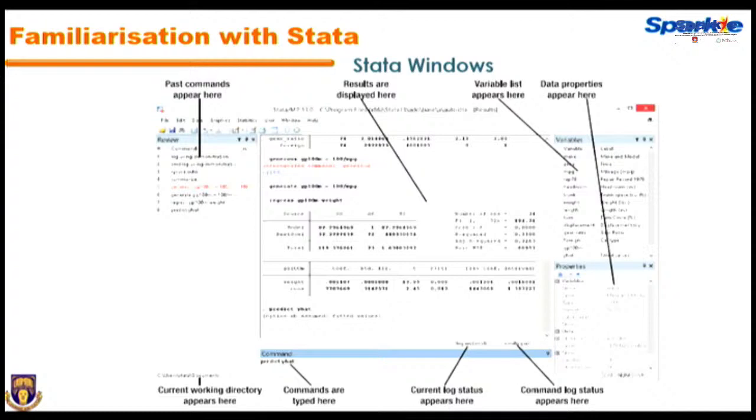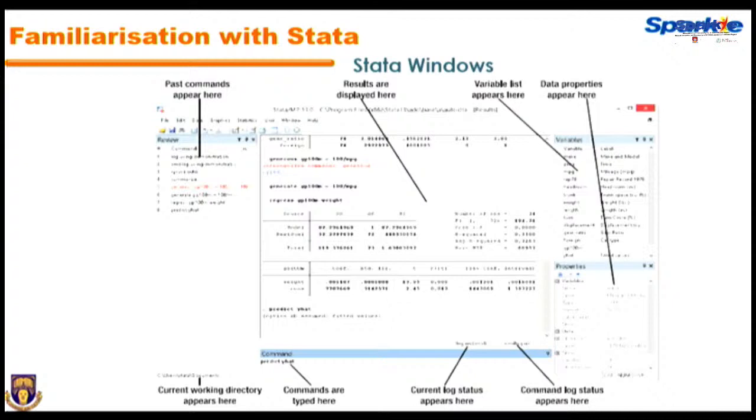That is the results window. Everything you do inside Stata, the responses you are going to be getting will be showing here. Here, this small cell here, that is your command window.